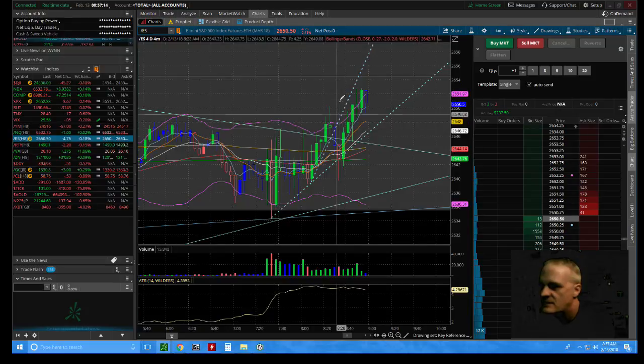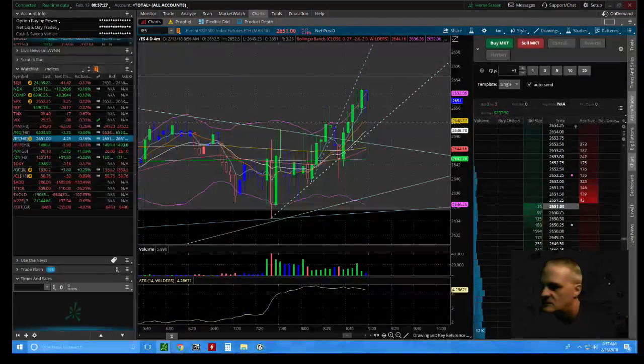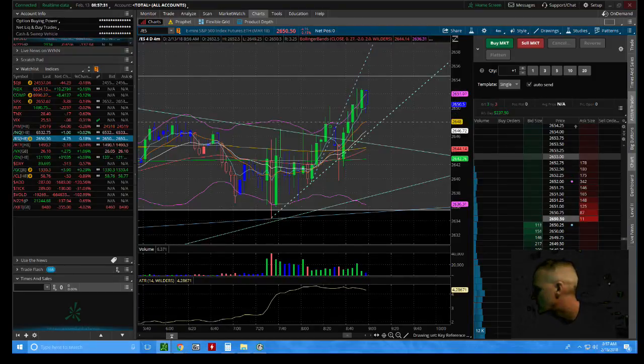Now it looks like the S&P is kind of between here and here. It's between these 2 trend lines, right? It's got moving average tailwind. It's back to moving up towards the point of control.